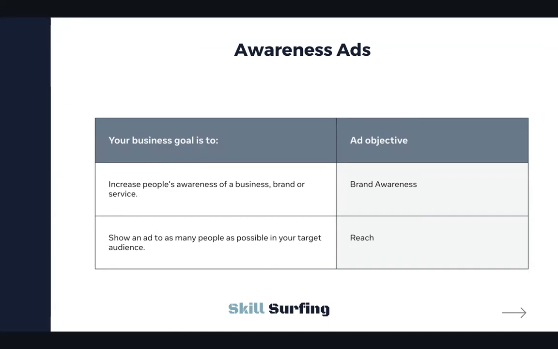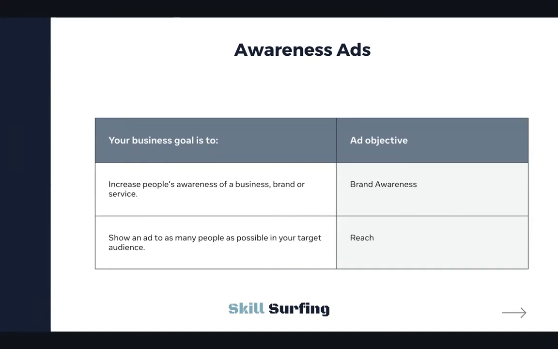The second one is reach. Sometimes, depending on the type of ads you have or whatever you are promoting, let's say you have a limited time offer and you want this message to reach the highest number of people during that period of time. You can use the reach ad type to show your ad to as many people as possible in your target audience. There are other uses as well, but this is the most relevant to explain why someone would use reach.